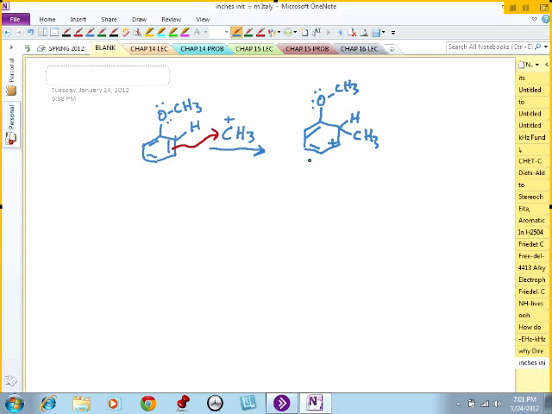Now let us write the resonance for this. If I write resonance for this, I move this electron to here. Where would the positive charge go? Go to this carbon. Very good.